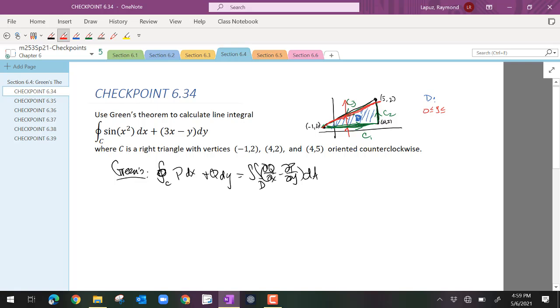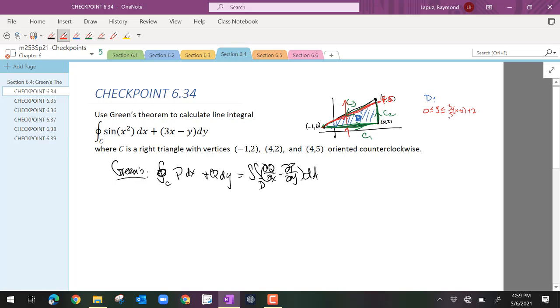So the equation of this line has a slope... this should be (4, 2), and this should be (4, 5), sorry. The slope is the rise over run, so that has a rise of 3 and a run of 5, so 3/5 times x minus (-1), and the y value at that point is 2.